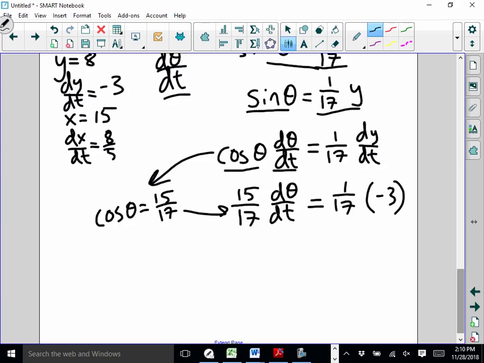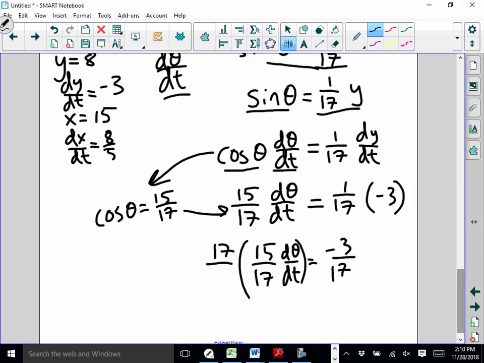Cleaning up the right side here, I get 15/17 d theta dt equals -3/17 on the right side. Now I want to isolate d theta dt, so I'm going to go ahead and multiply both sides by the reciprocal. Nice thing is, my 17s cancel, right?